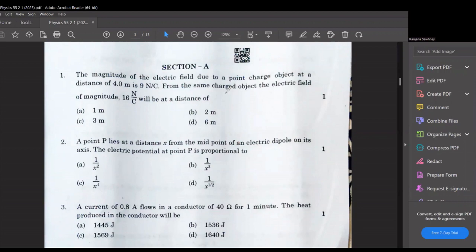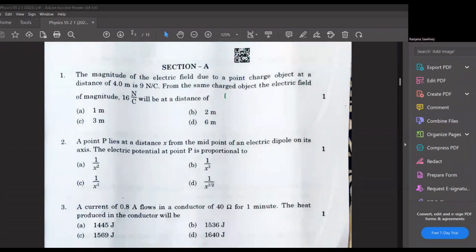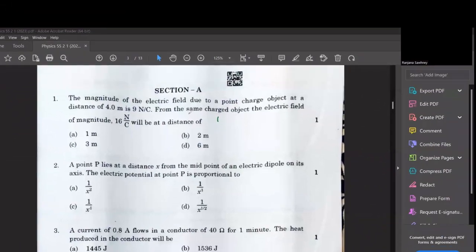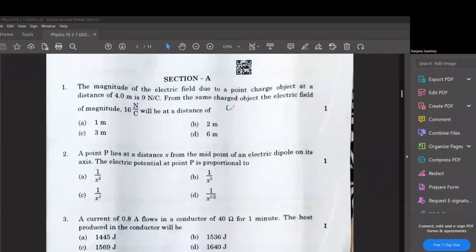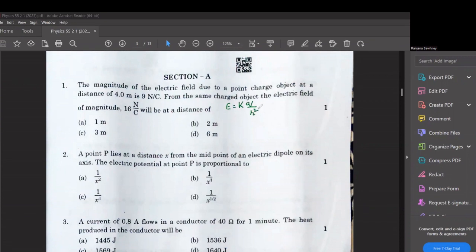We know that the electric field due to a point charge is given by E is equal to KQ by R square, where K is the constant of proportionality, 1 upon 4 pi epsilon naught. Here when the electric field is 9 and the distance is 4, the equation becomes 9 is equal to KQ upon 4 square, that is 16. Let this be equation number 1.